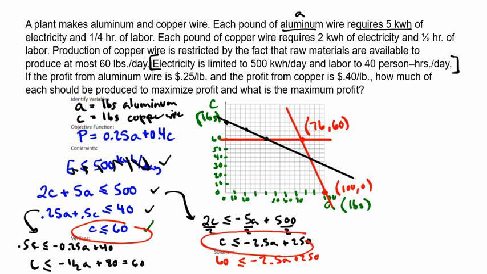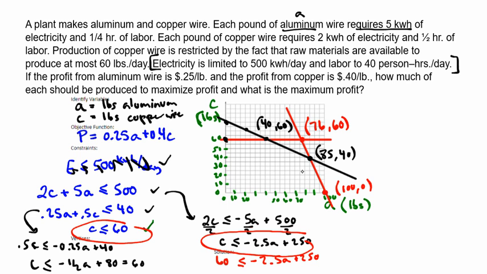Ooh, it's going to be tough to find that intersection. It looks like it's right here in that point. So this point is 40, 60. This one's so much more exciting, y'all. 85, 40. And I'm going to check that point again in just a second. Okay, and then we also have another boundary right here.